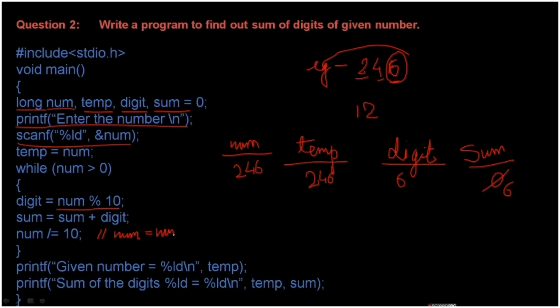The division operator will give you the quotient. So num is 246, and 246 divided by 10 will give you 24. So the value will be changed to 24. Is 24 greater than 0? The condition is still true, so it will come inside the loop.